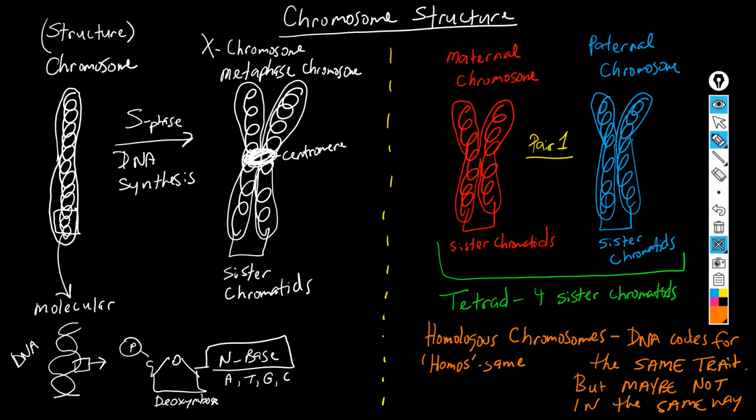And I'm going to explain what that means because it's really important. So let's just get this out of the way. Same and same. So it's the same trait, but they may not code for it in the same way.